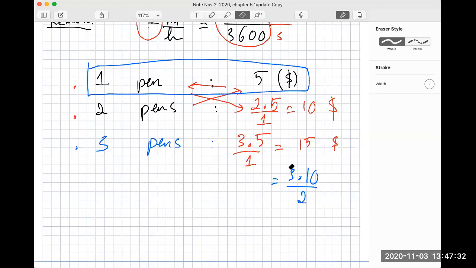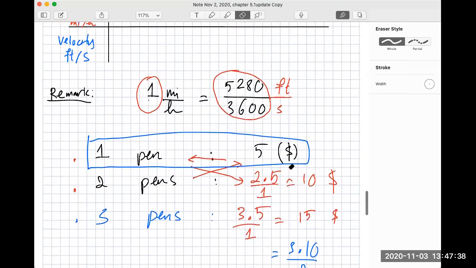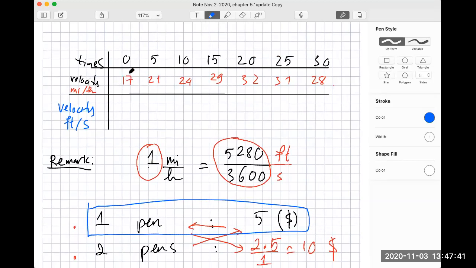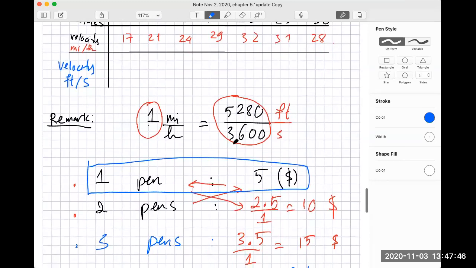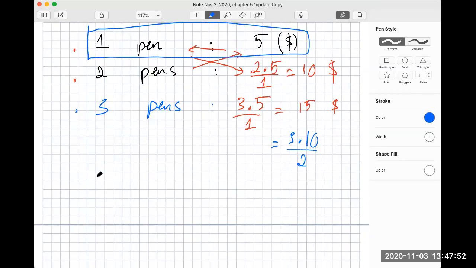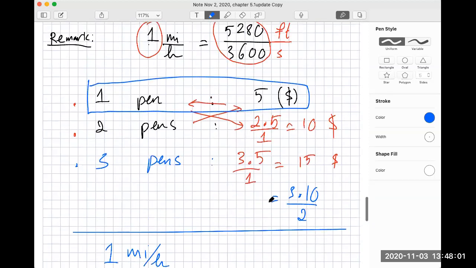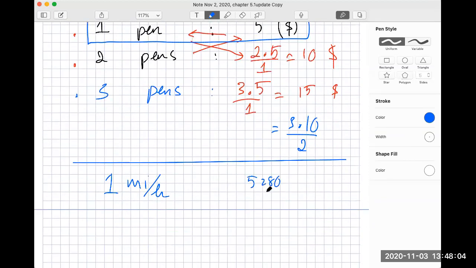Okay? Now in our problem here, the same logic. Look at this. This is 17 miles, right? We know that 1 mile per hour is equivalent to 5280 divided by 3600 feet per second.